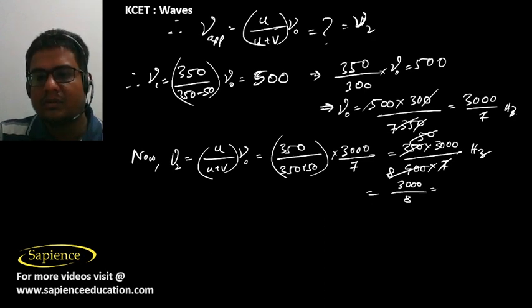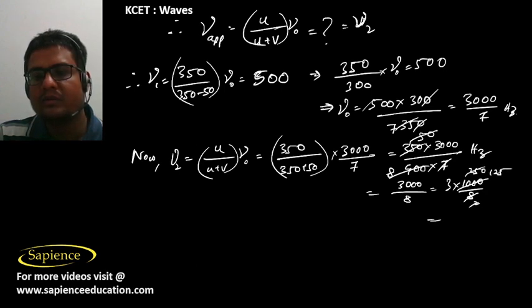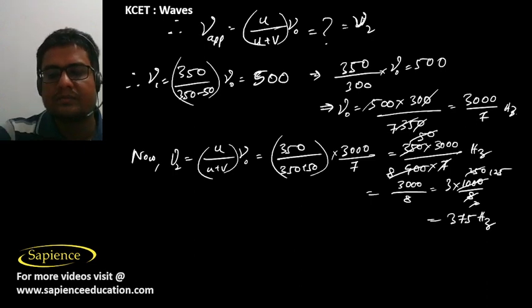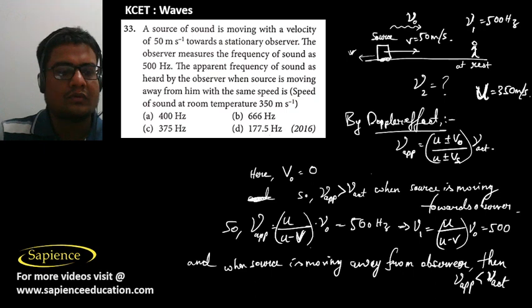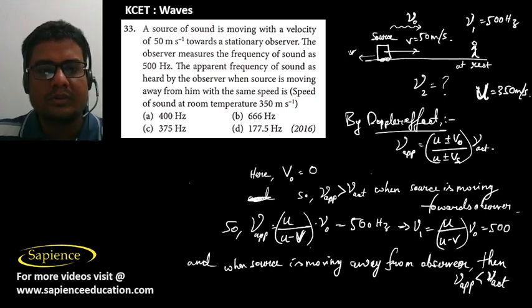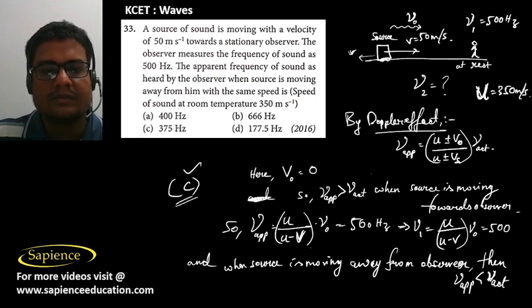So this will be 3 into 1000 by 8, which is 3 into 125, that is 375 hertz. So here option C is the correct answer.